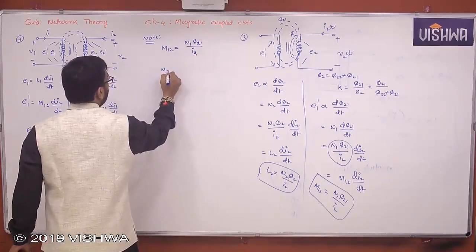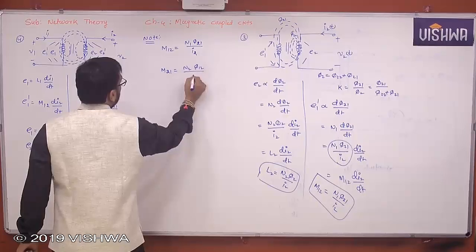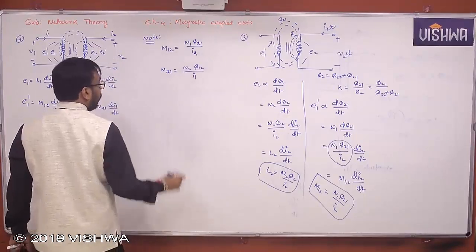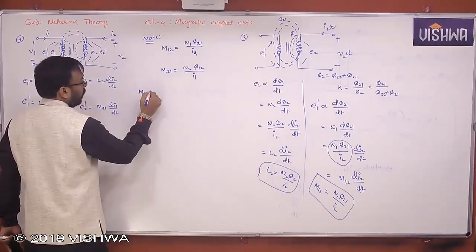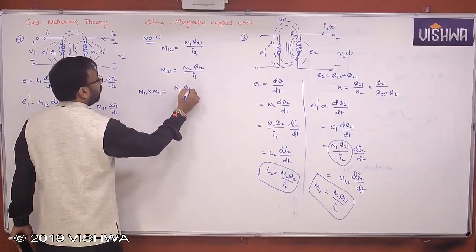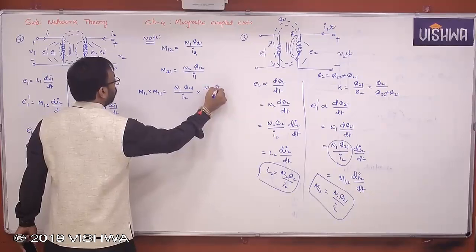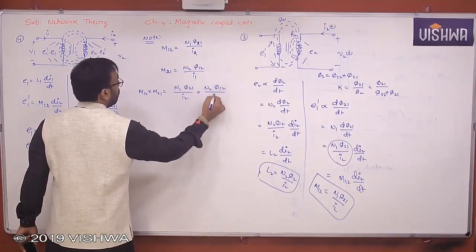If you take M12 into M21, then N1 phi 21 by I2 into N2 phi 12 by I1.